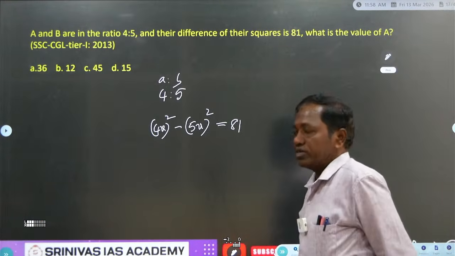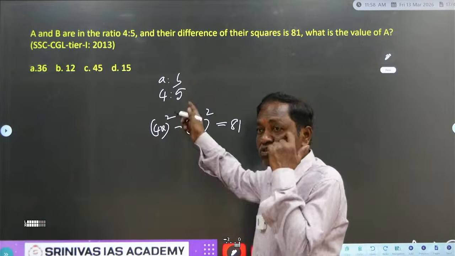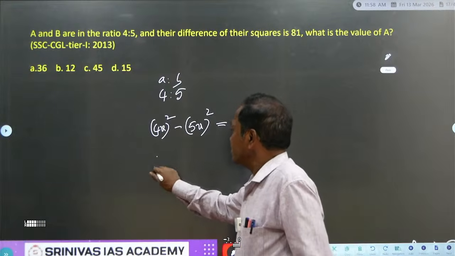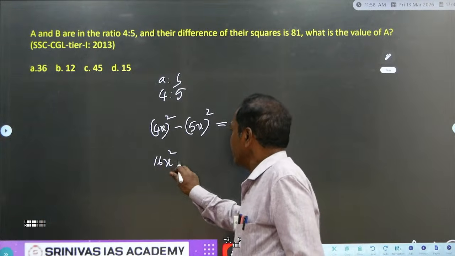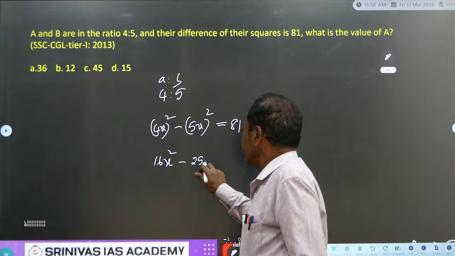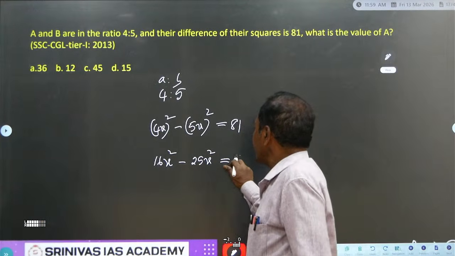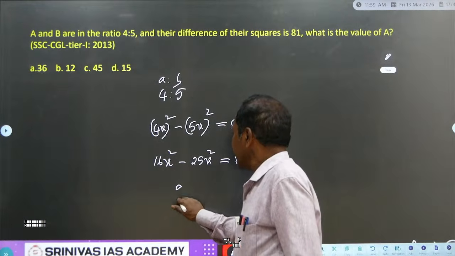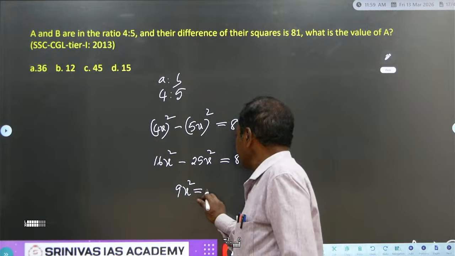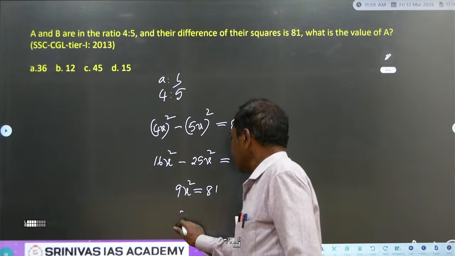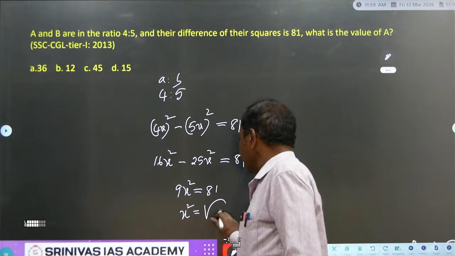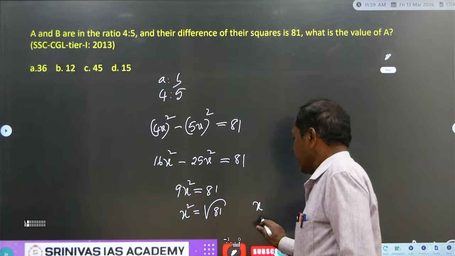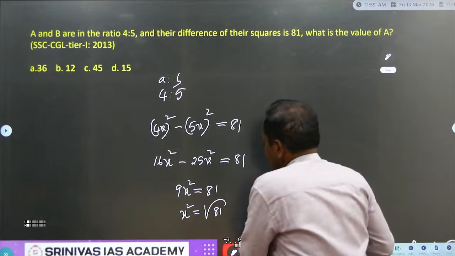Now we have to solve it. 4x whole square means 4 square, x square. 4 into 4, 16x square minus 25x square is 81. 25 minus 16, 9x square equals 81.